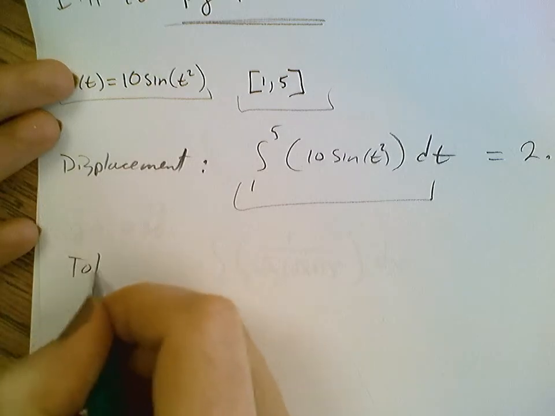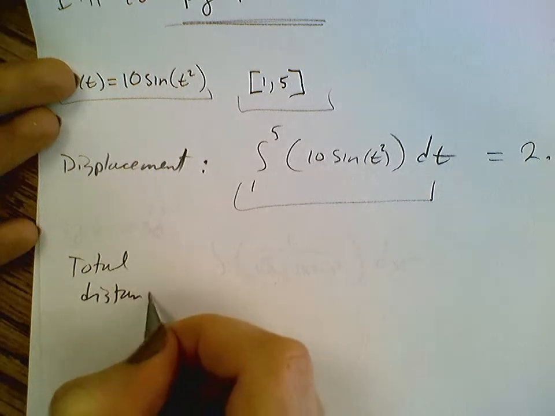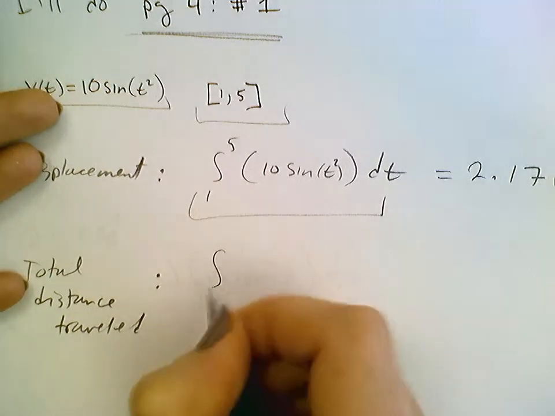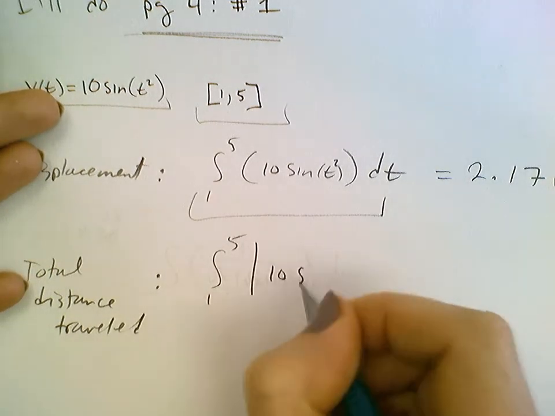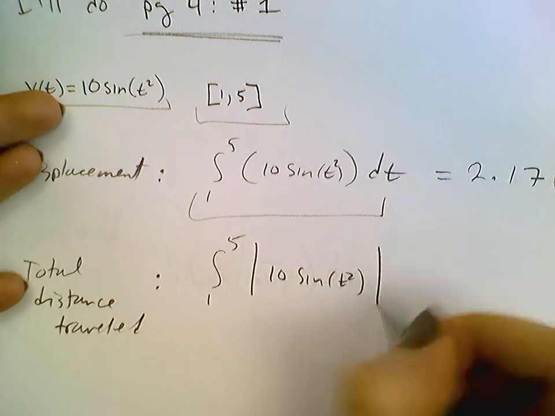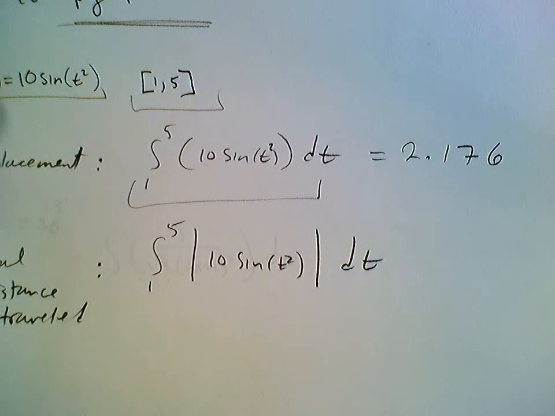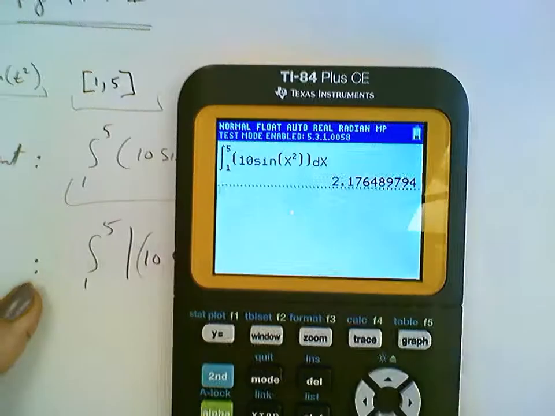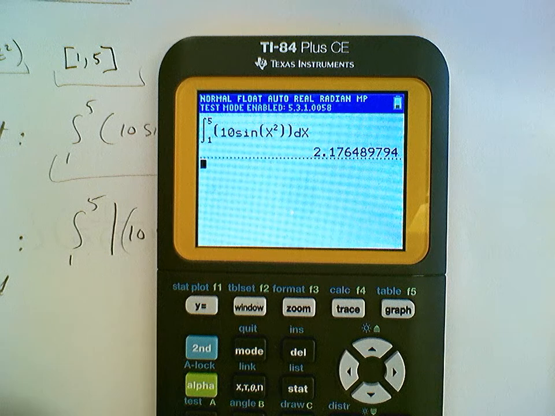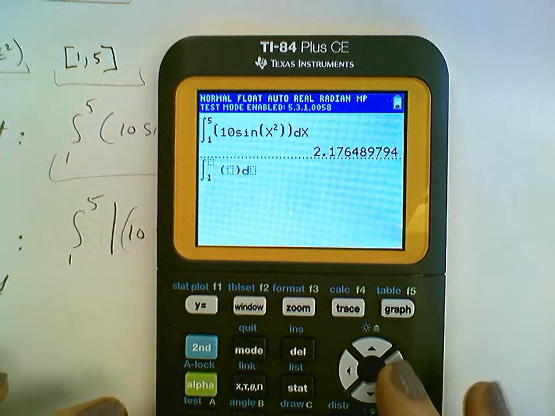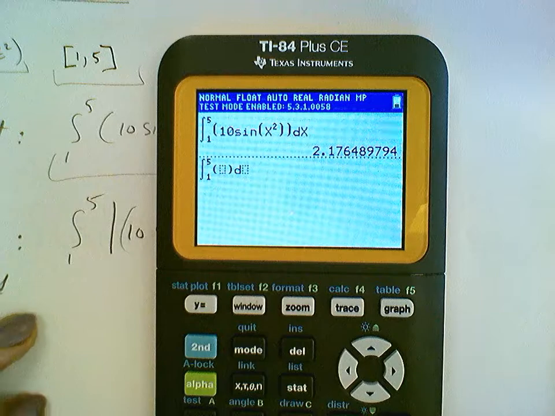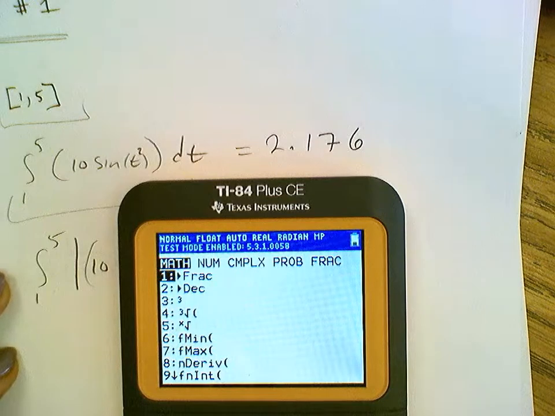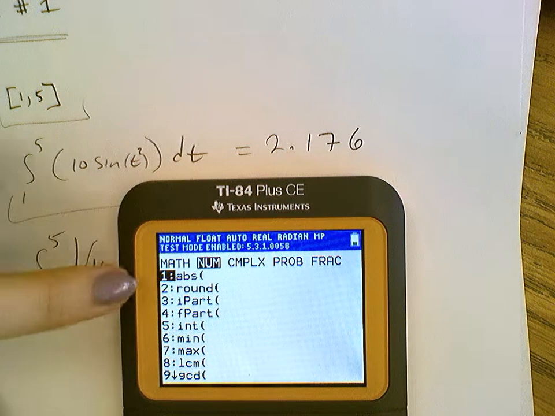Then total distance traveled, you do the integral from 1 to 5 of the absolute value of the velocity. To get that, I do Math 9, 1 to 5. To do the absolute value, you hit math, then go over to num, and hit enter.